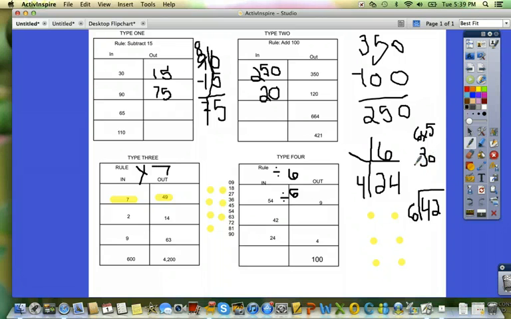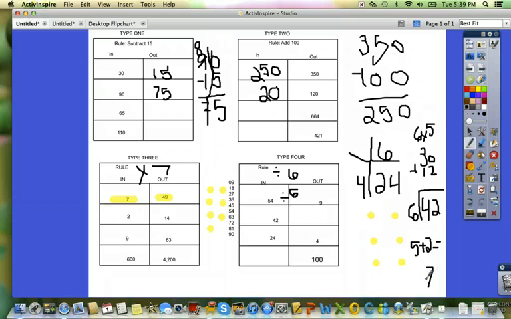30 plus 12 would equal 42. So now I've got 5 6s, and then I would just need to add 6 times what would equal 12? Well, 6 times 2. So I know that I would need 5 plus 2 more 6s would equal 7.